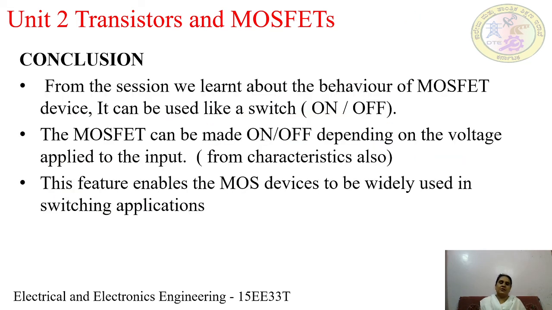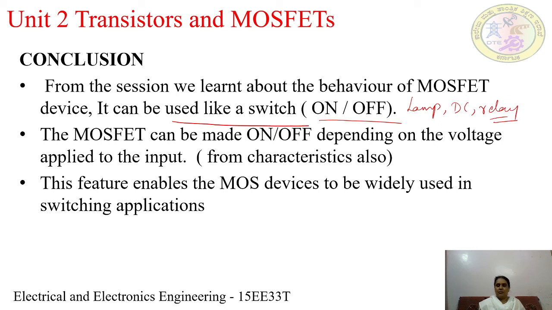So what we have discussed in today's session, we learned that the MOS devices can be used like a switch, on switch and off switch, where we connected, let's say, a lamp and controlled it. Then we used a 12 volt DC motor. Then we know the operation of the relay and we can make them on and off depending on my application.